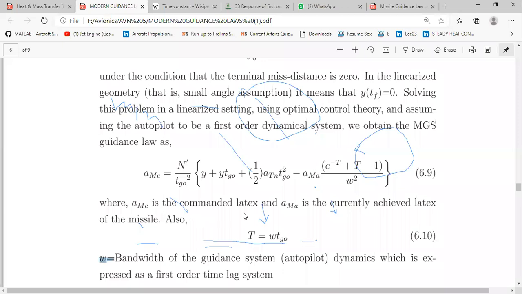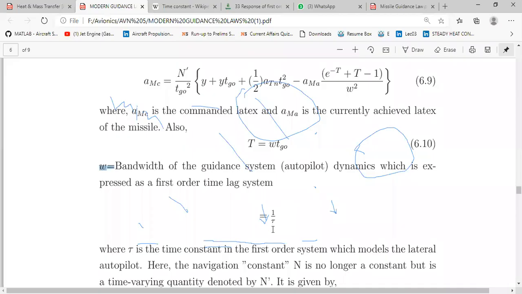The formula is omega is equal to 1 by tau. Tau is the time constant for the first order system. And that is depending on the delay time. So bandwidth will be depending on the delay time. So your term T, capital T, will be depending on delay time.